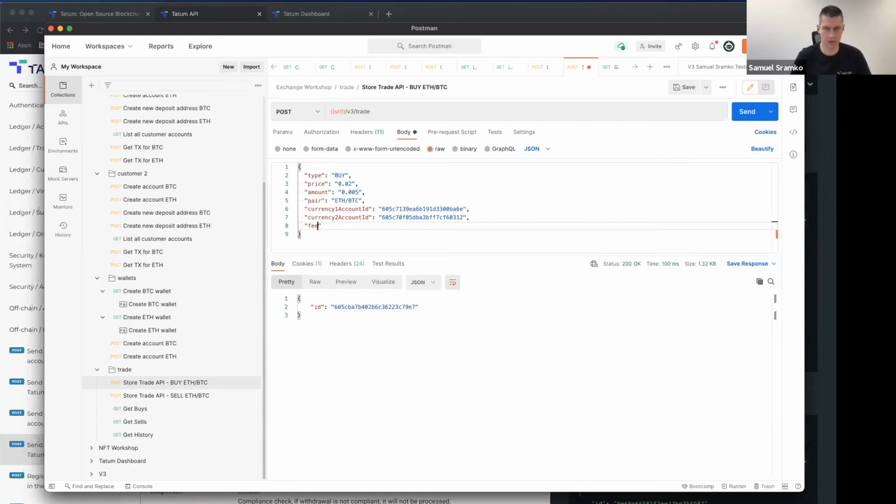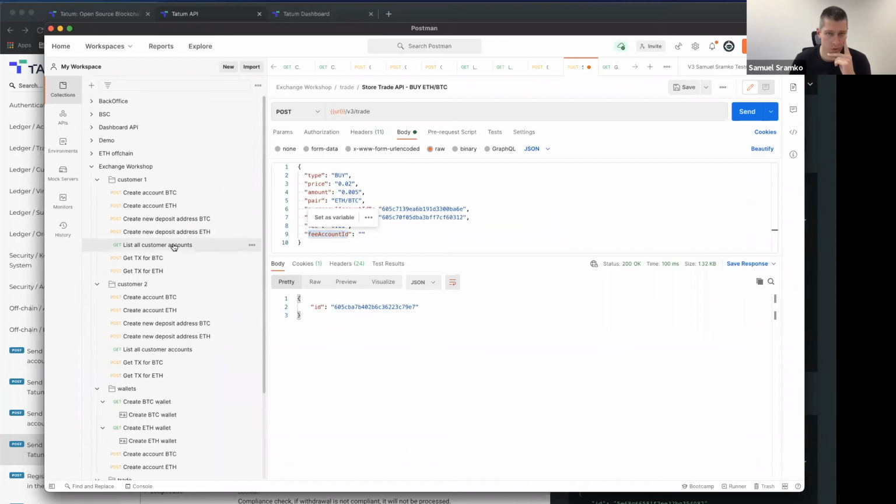The first one is the fee, in percent, and the second one is the fee account ID, which is the account ID inside the ledger. This fee account ID should be your service account for collecting fees as an exchange provider.